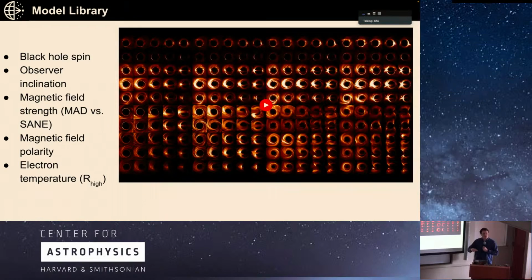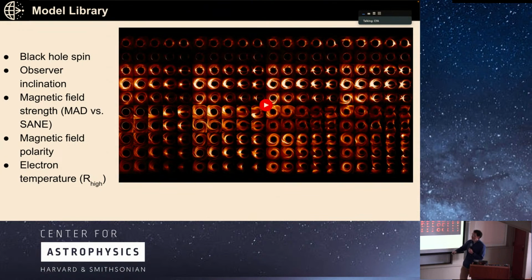So the magnetic field plays a large dynamic role in the accretion of the gas. In contrast, for the SANE models, we seed them with a weak magnetic field where everything is just dominated by the gas pressure. So as the plasma accretes, it just drags the magnetic field along with it, and it's dynamically weak and relatively unimportant. We can reverse the magnetic field polarity, pointing the magnetic field one way or the other in our simulations.